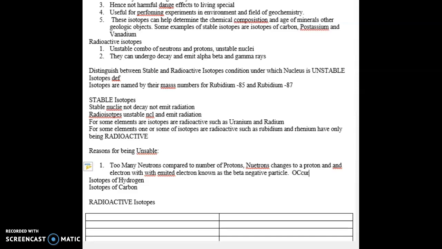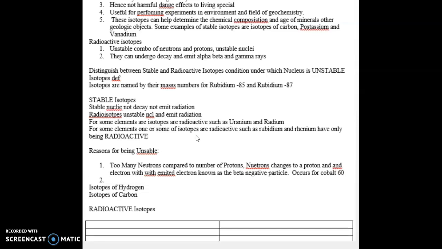This occurs for cobalt 60. So basically what happens here is that cobalt 60 becomes nickel 60, because the mass number remains the same, and it gives off an electron, 0 and -1.